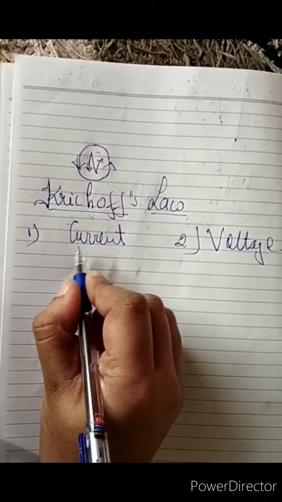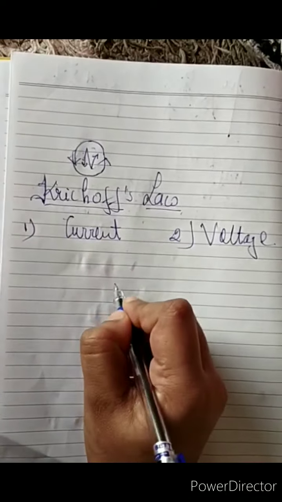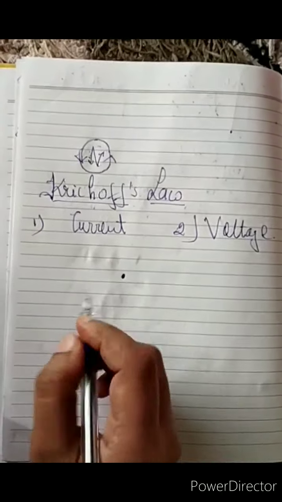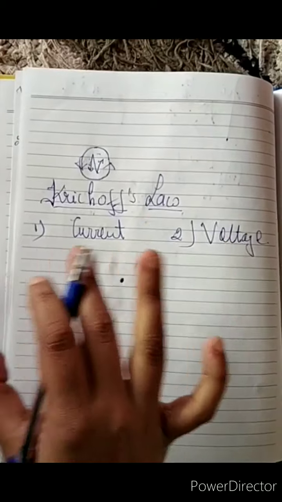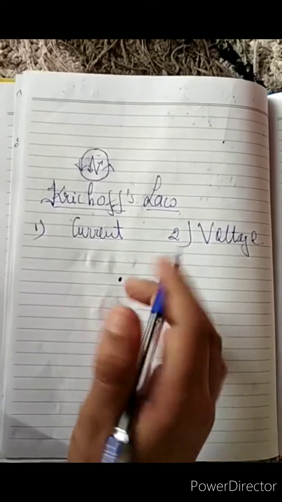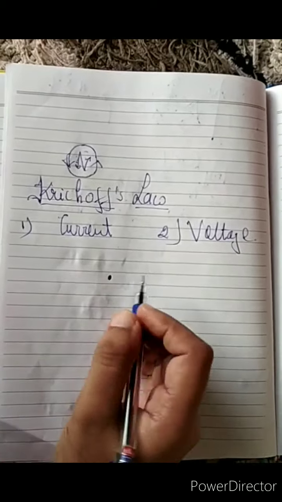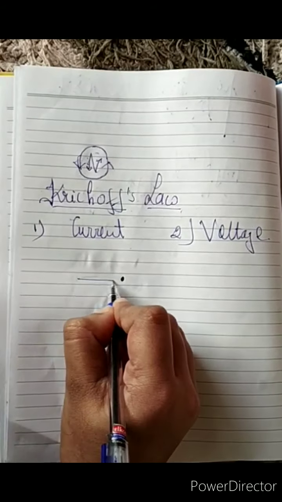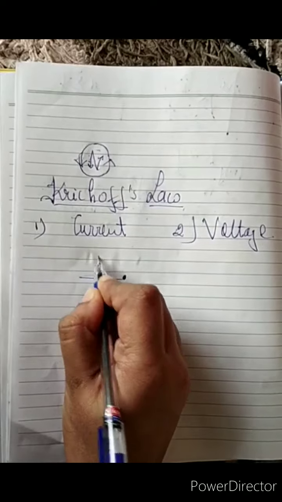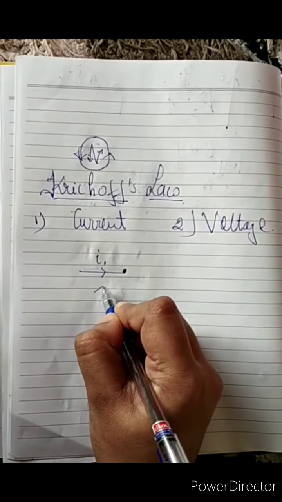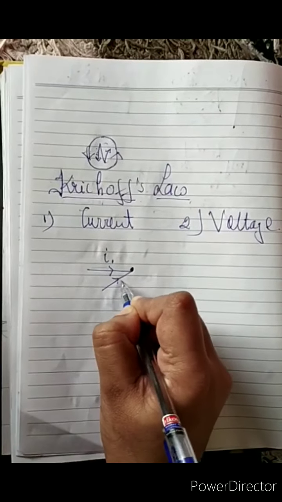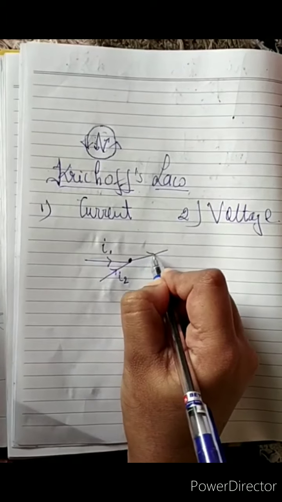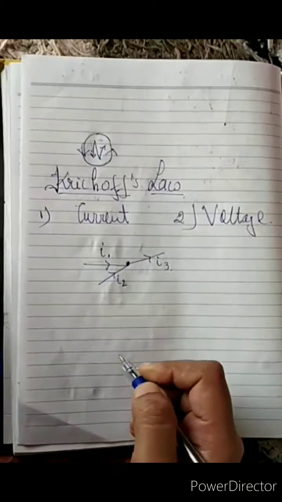Okay, so first I want to tell you something about the current law. For example, this is our junction point. First let me give you the law and then I will tell you what we mean by junction point. So this is my junction point, and let's say the current I1 is going in, the current I2 is also coming to this, and I3 is going out.